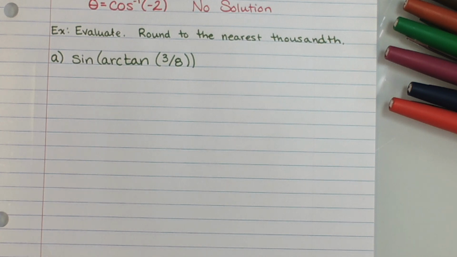Nearest thousandth, how many decimal places? 3. 1,000 has 3 zeros, 3 decimal places. Sine of arctangent of 3/8. Thoughts on how to do it? Type it in the calculator.